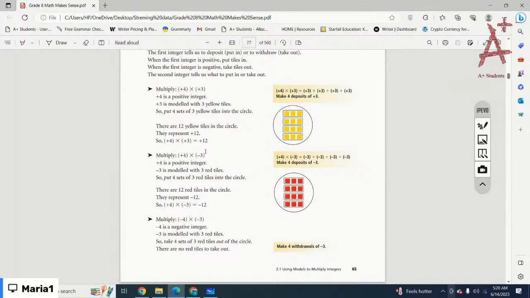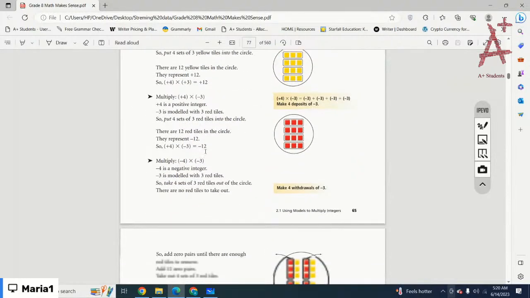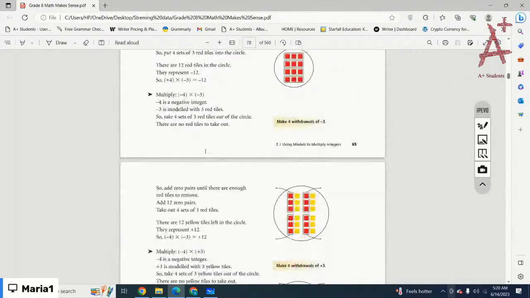Okay, the next one is negative 4 times negative 3. So you have to make 4 withdrawals of negative 3. When you do 4 withdrawals of negative numbers, you are left with positive 12.